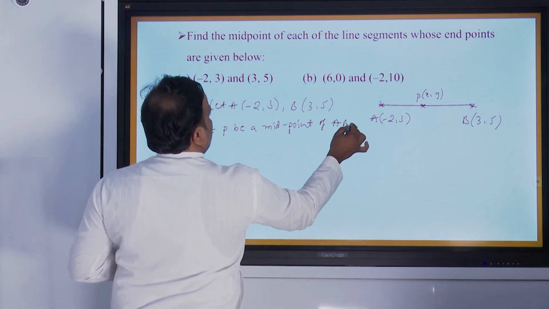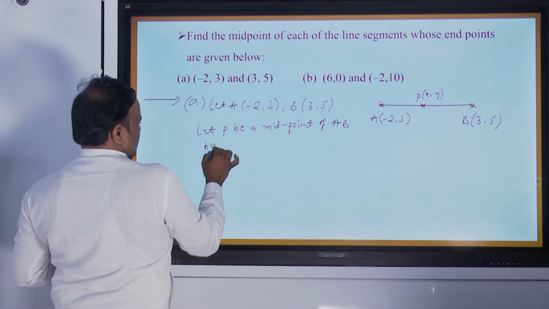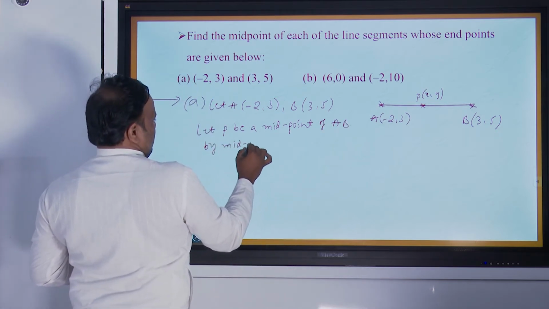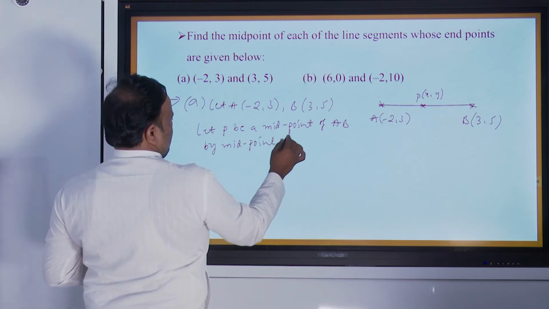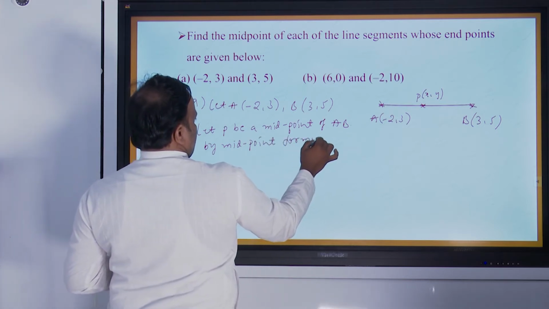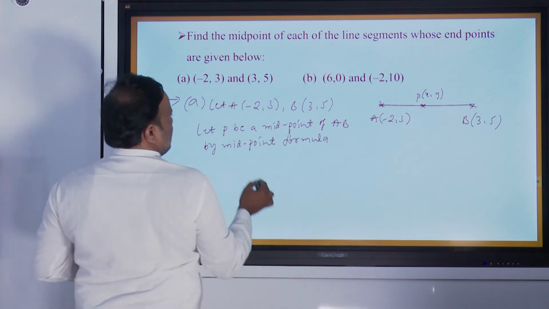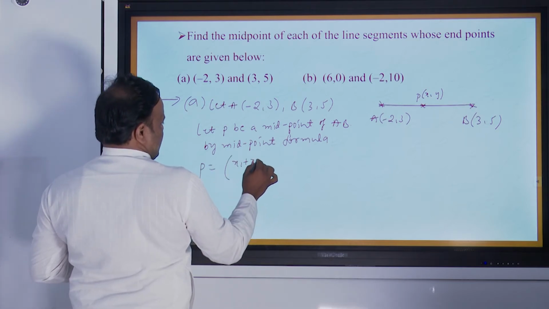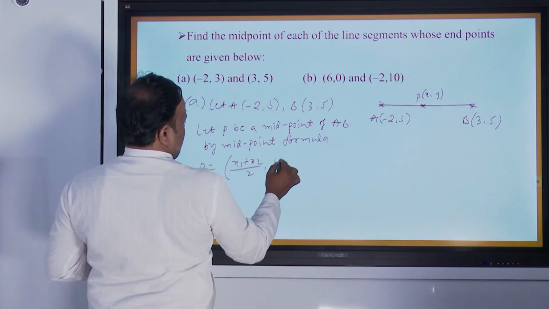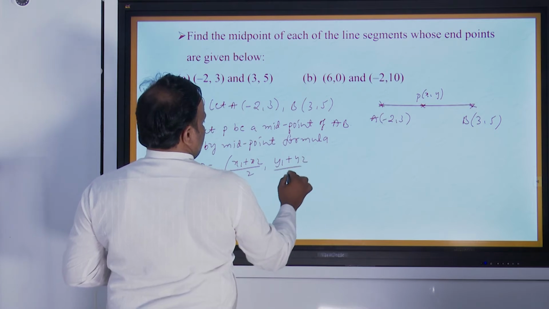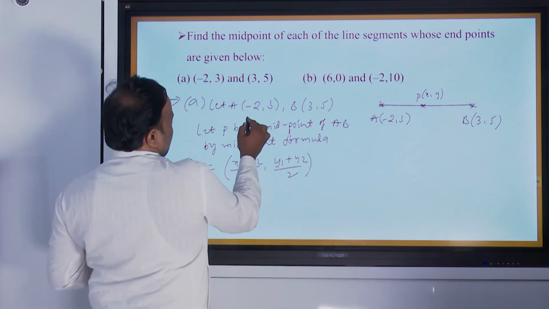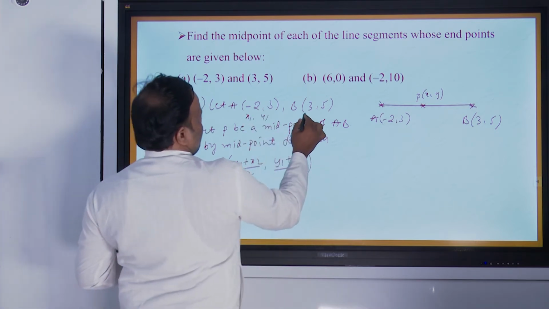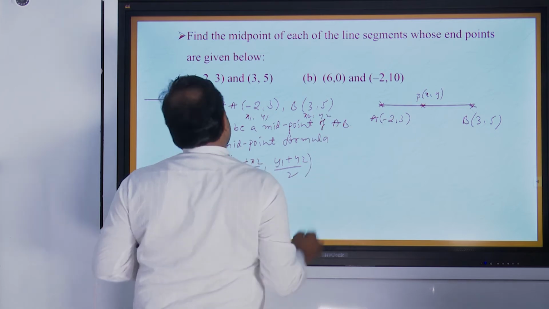What is the midpoint formula? By the midpoint formula, P equal to (x1 plus x2) by 2, (y1 plus y2) by 2. This is x1, y1 the first point, and the second point is x2, y2.